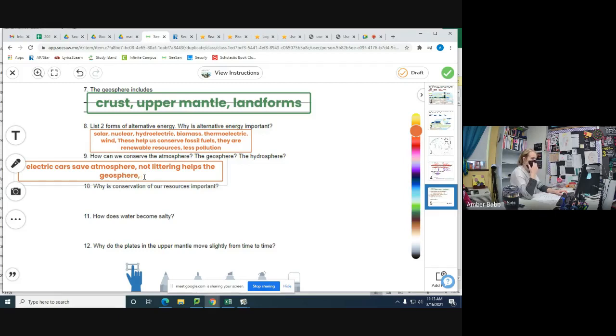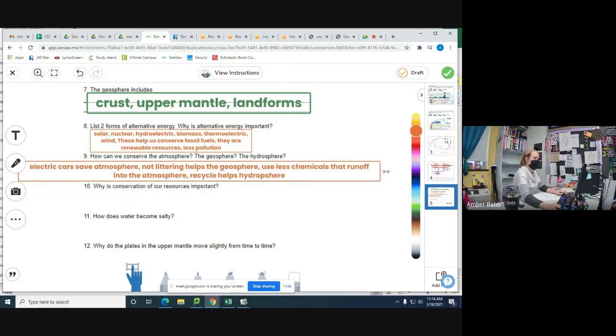All right, and how are we going to save the hydrosphere? DJ: we can use less chemicals on farms, and we can clean up the oceans. Use less chemicals that run off. Save the turtle. Less littering also helps because you don't have all the plastic in the ocean. So recycle helps the hydrosphere.